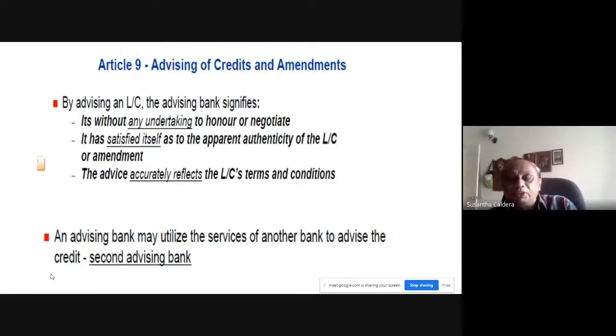They have a group policy. All the LCs will be advised to their group office, not to other offices, direct to their group offices.